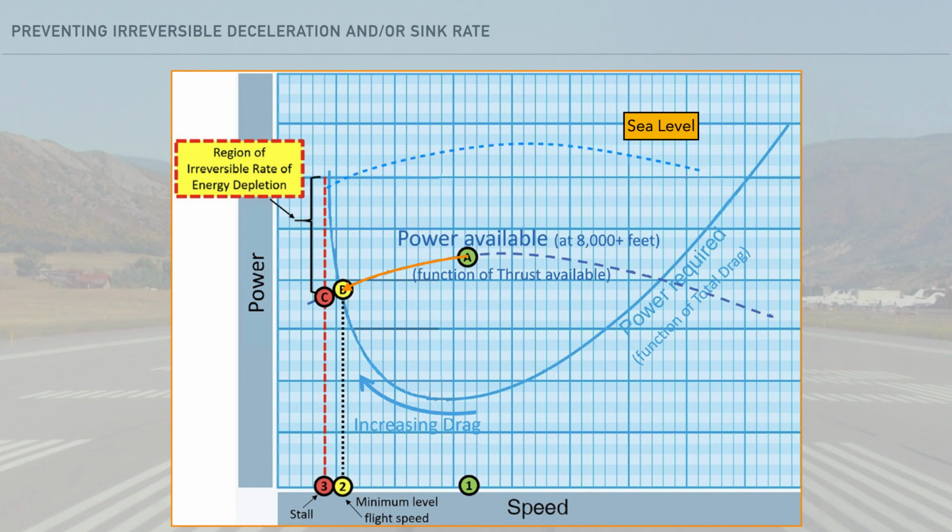Note at sea level, there would still be excess power to climb at the same airspeed. If the pilot increases their pitch, the airplane slows further to position 3 and is at risk for stall. With rising terrain below, there may not be sufficient altitude to recover before impacting terrain, trees, or other obstacles.